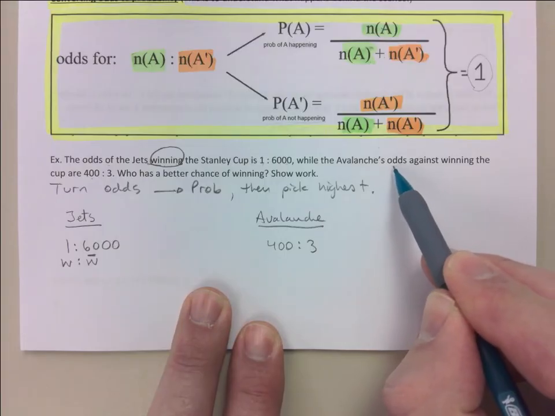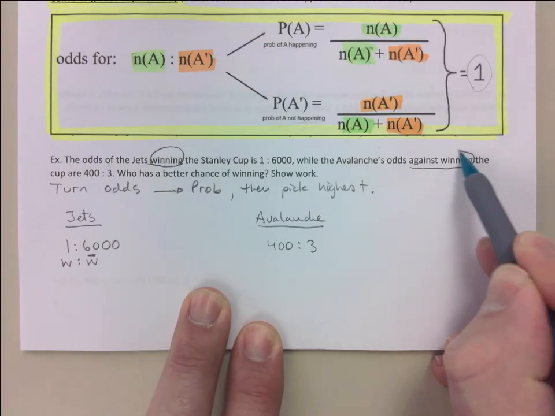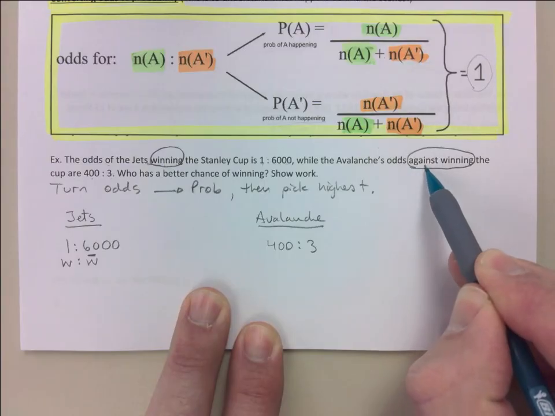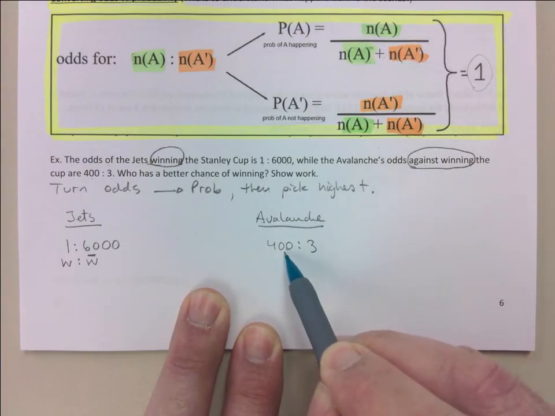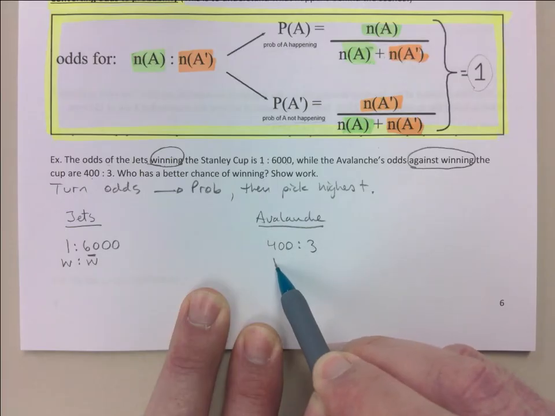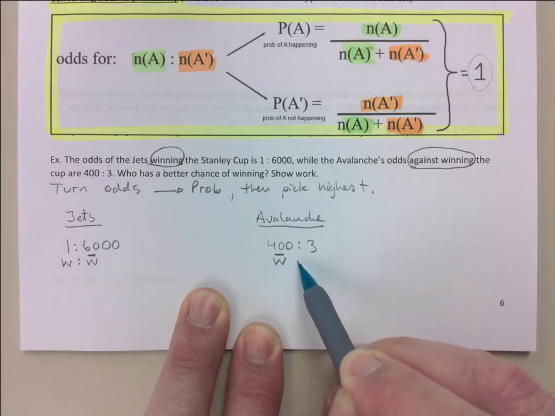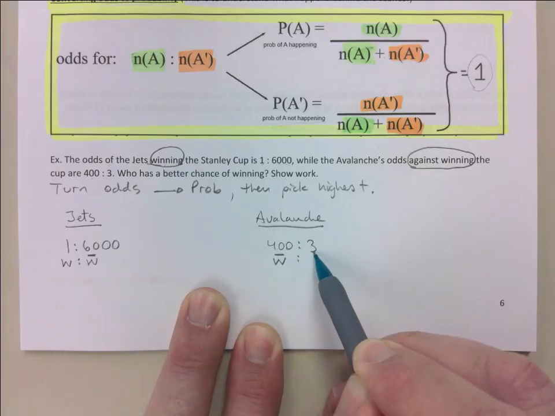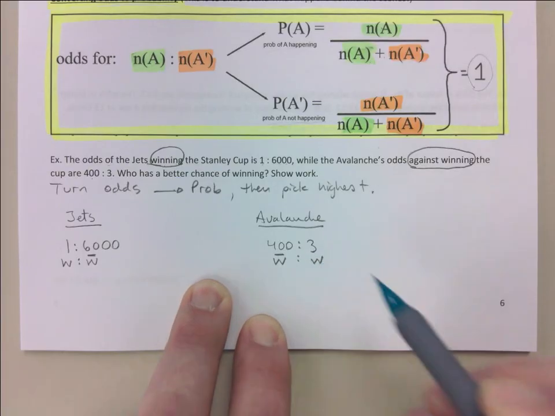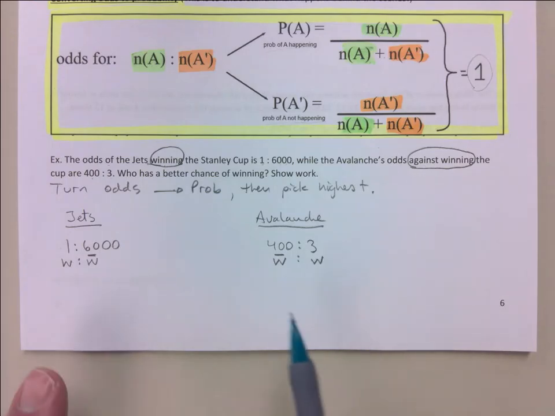Avalanche, on the other hand, it says odds against winning. What does that tell us about the first number? This is not winning, yeah. Which means that this is winning. All right. So now, why did I do that? Now we know which numbers represent winning. We need to know that, and which ones do not.